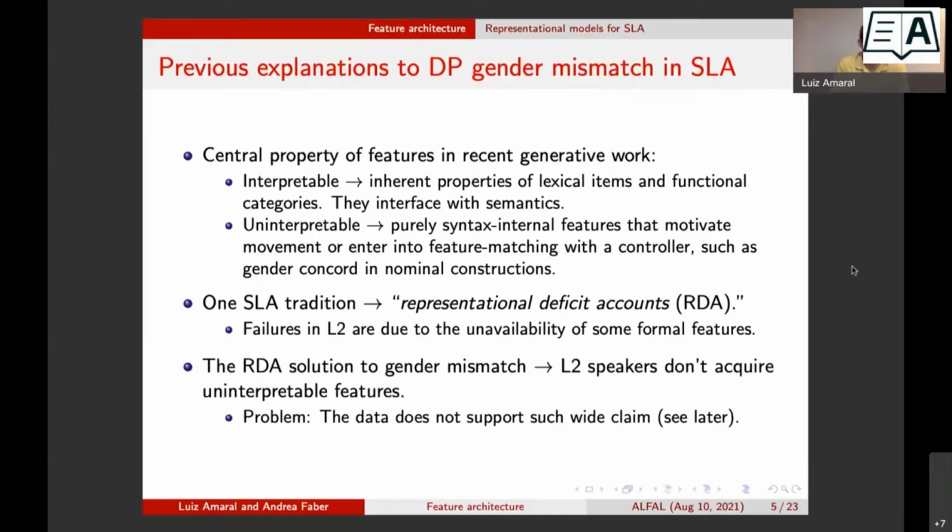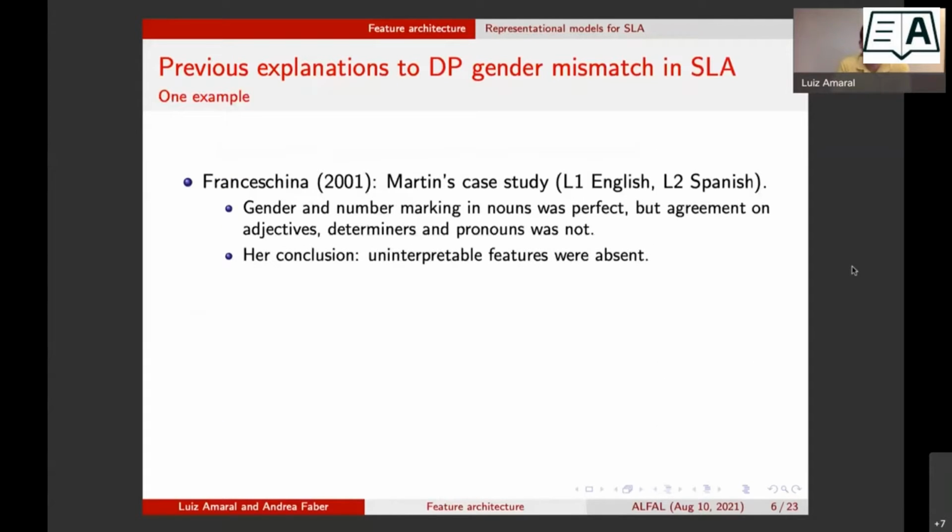Although we agree with Lardiere's assessment that the data does not support such a claim, we believe that we have to be careful when we say L2 speakers don't acquire uninterpretable features, period, right? That's a very, very, very strong claim. So this is based on some work. I'm going to cite one here. Since the 90s, there has been some discussion about what kind of functional projections L2 speakers are not able to acquire.